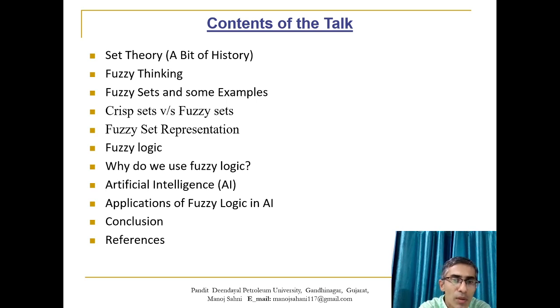Then we will move on to the fuzzy logic part. Then why do we use fuzzy logic, and what are the applications of fuzzy logic in artificial intelligence? And at the last, we're going to conclude, and with the references, we're going to stop.